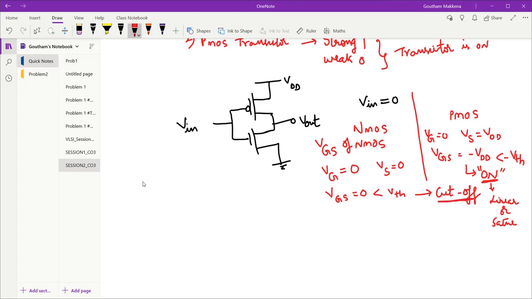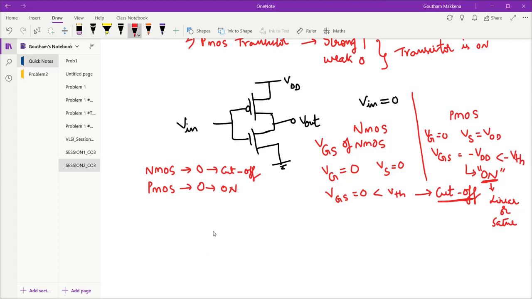So what happens in the CMOS logic style is when the NMOS gets a 0, those transistors are cut off. Similarly, when the PMOS transistor gets 0 at the gate, they are switched on.